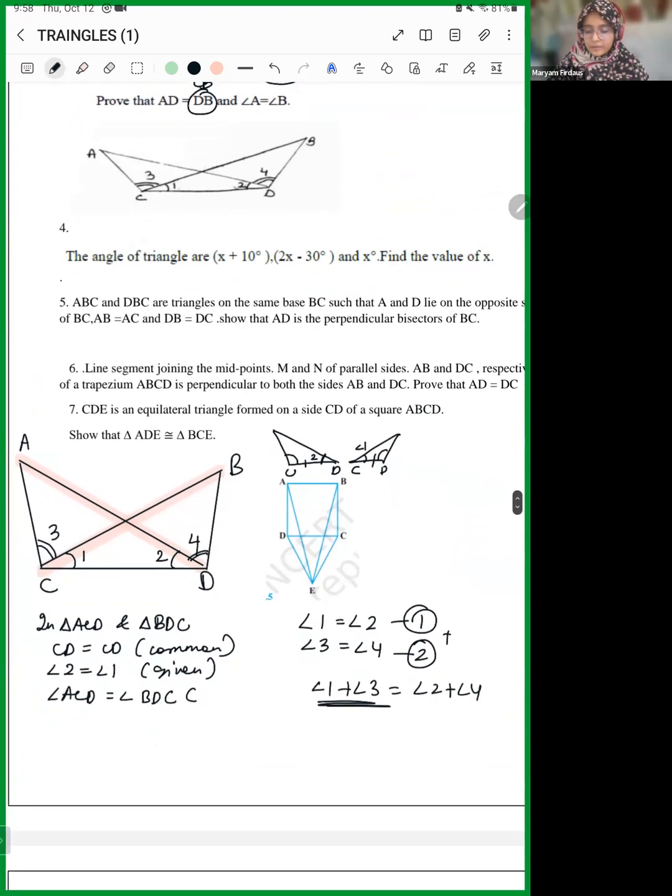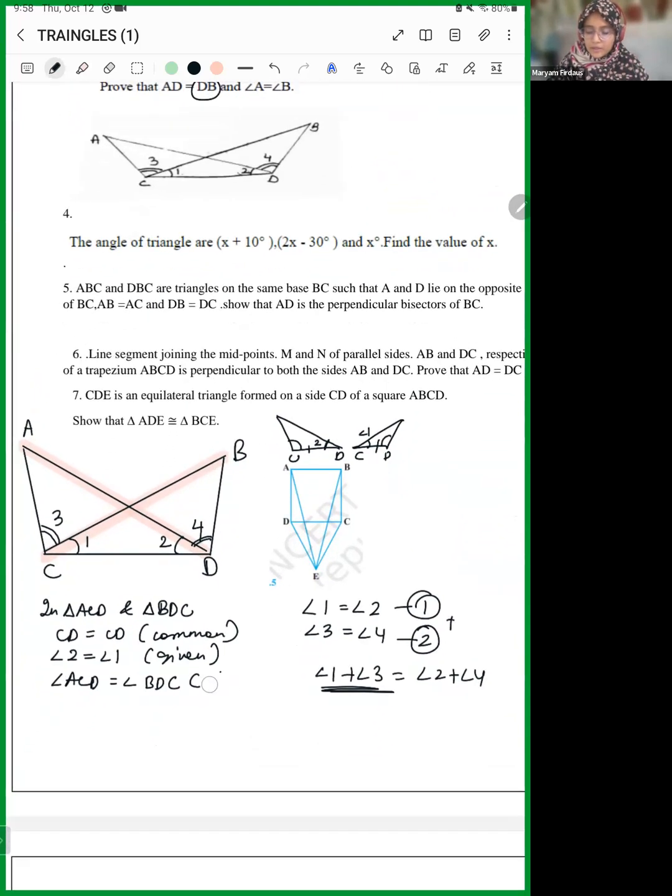Or you can say angle 1 plus angle 3 is equal to angle 2 plus angle 4. Therefore, by ASA, triangle ACD is congruent to triangle BDC. Therefore, by CPCT, angle A is equal to angle B and AD is equal to BC.